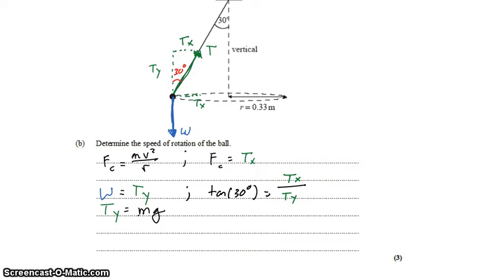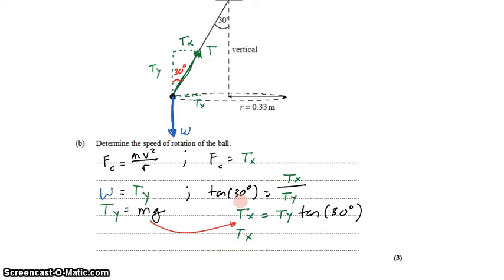Ultimately, I want to know what Tx is, so I'll solve this for Tx. Tx equals Ty times the tangent of 30 degrees. And I know what Ty is: Ty is mg.